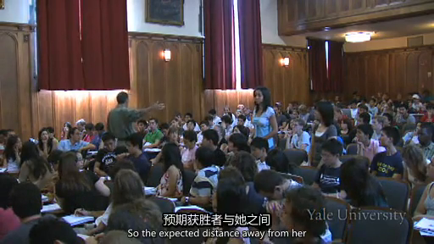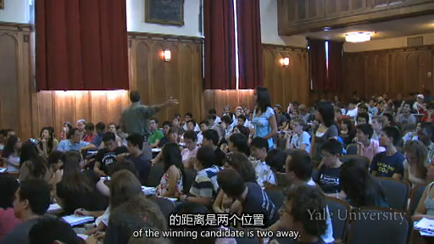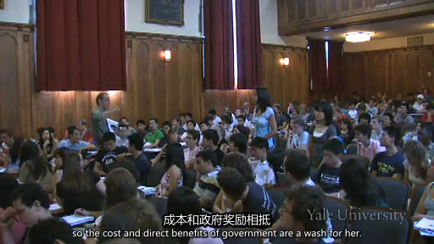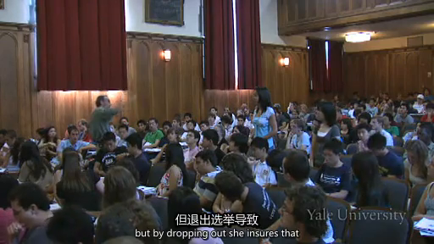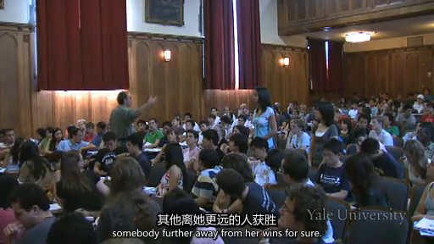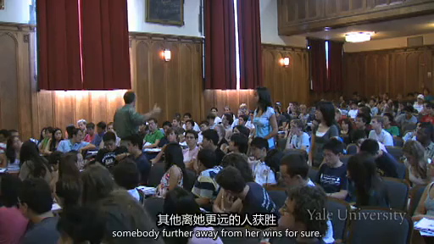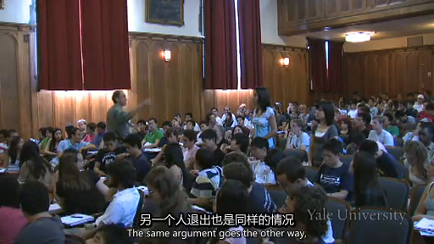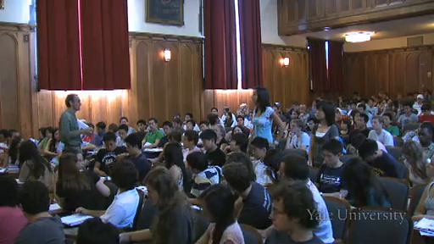So the expected distance away from her of the winning candidate is 2 away. Again, the cost and direct benefits of government are a wash for her. But by dropping out, she ensures that somebody further away from her wins for sure. That's bad, so she's going to stay in. And the same argument goes the other way. So this is an equilibrium.